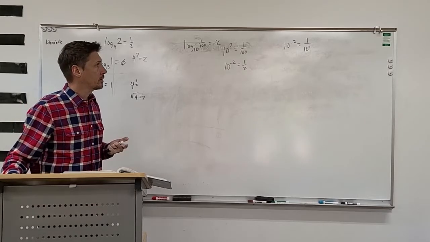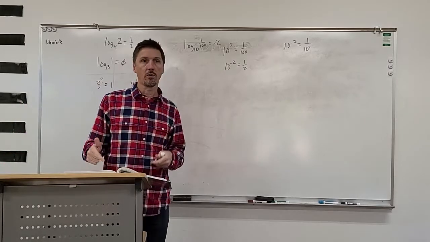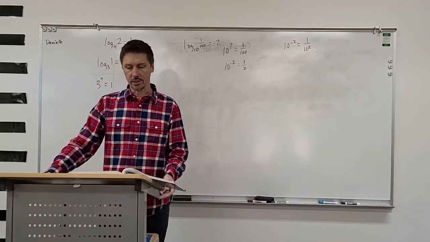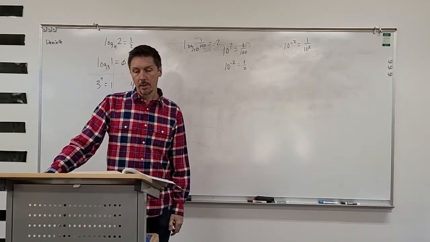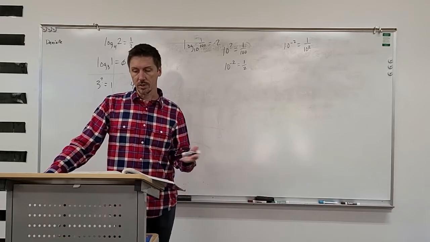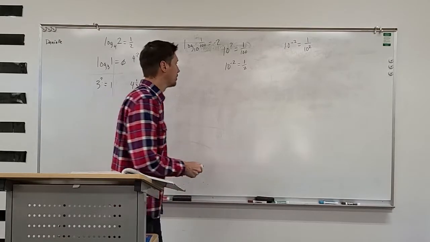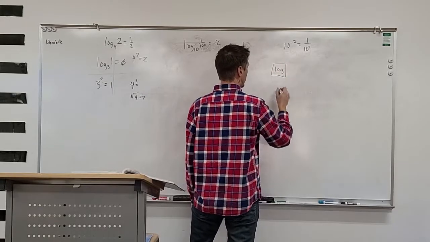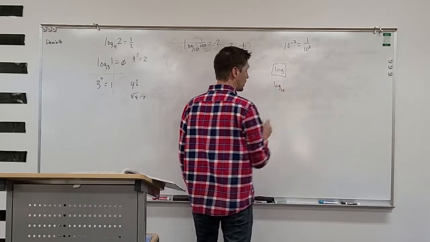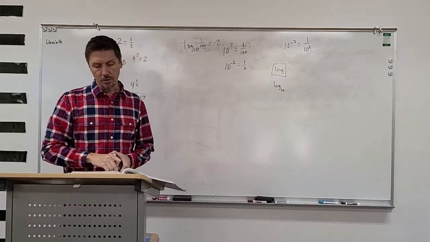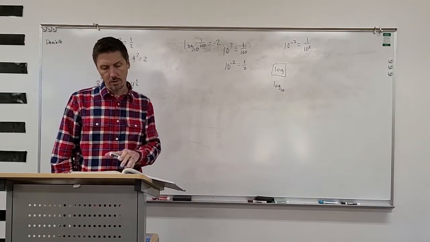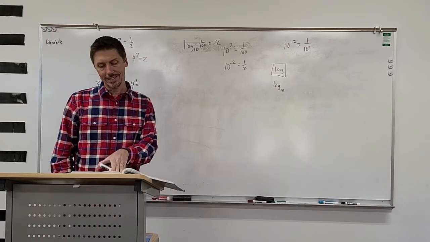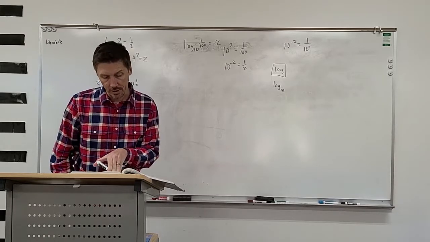Now, your calculator is only going to have a log button for log with base 10. That's what the next example, example 2, was about. They just give you a lot of examples with log of base 10. That's what your log button on your calculator means. It's log base 10 that it's calculating for you. In example 2 in the book, they want you to do log base 10 of the number 10.